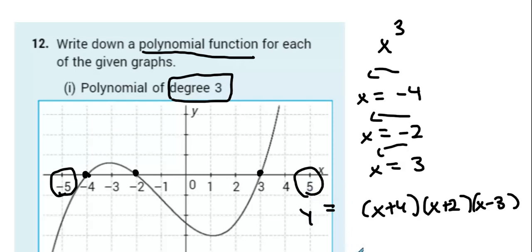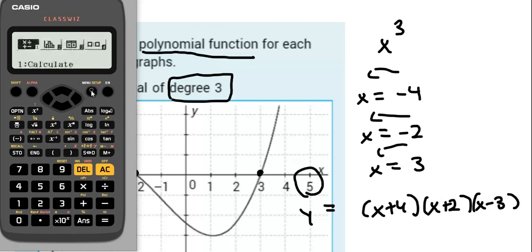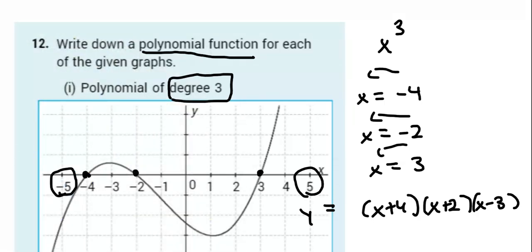So I'm going to go to my calculator and I'm going to put in x plus 4, bracket x plus 2, then x minus 3. I'm going to press equals. I'm going to start at minus 5, end at 5, step of 1. Minus 5, minus 24.